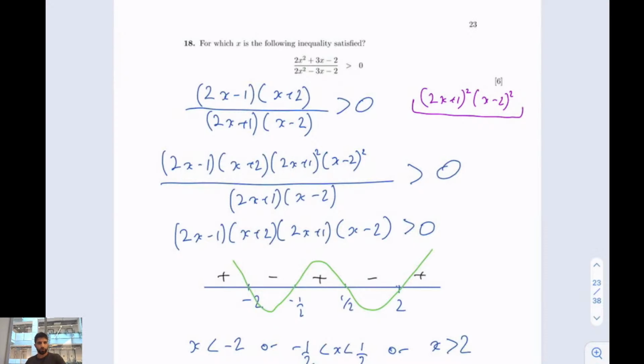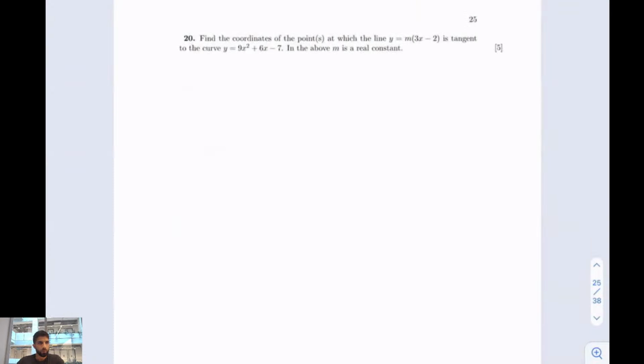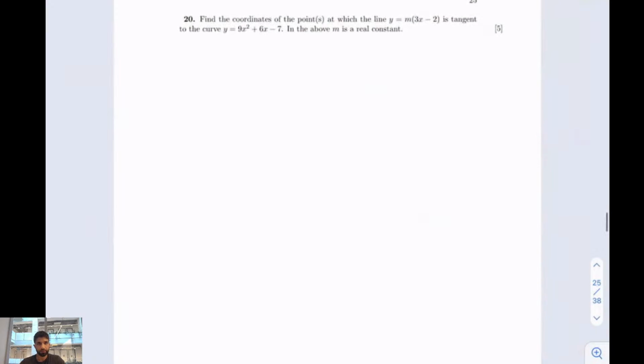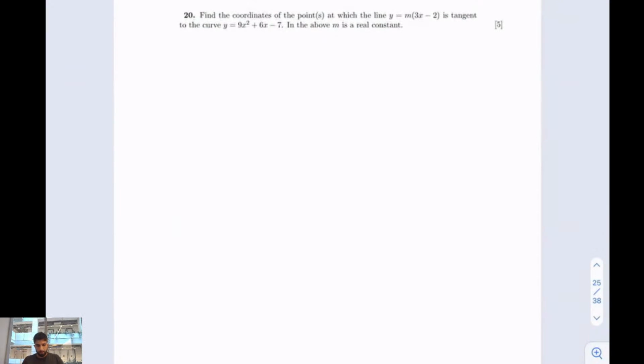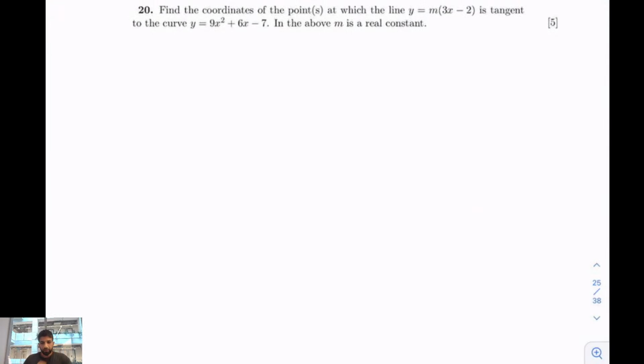Right, next one I want to look at is question 20. So here we are asked to find the coordinates of the points at which the line y equals m3x minus 2, so that's a straight line, is a tangent, that's important, to the curve y equals 9x squared plus 6x minus 7.